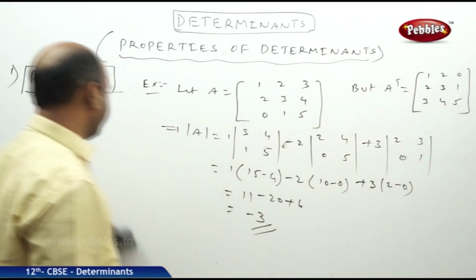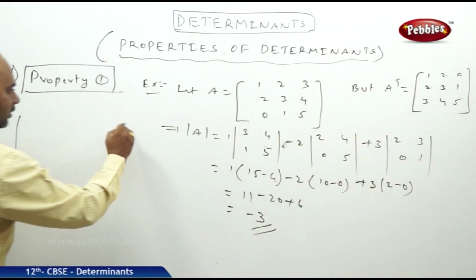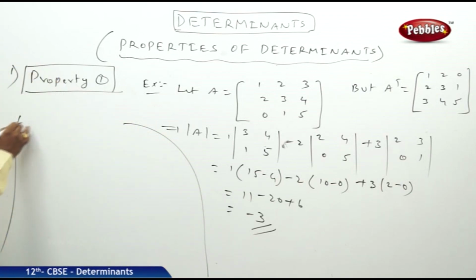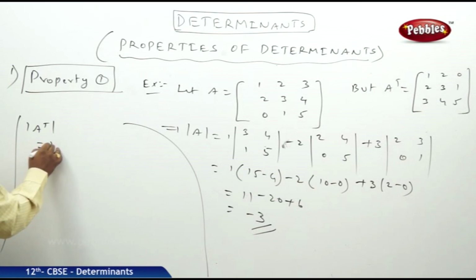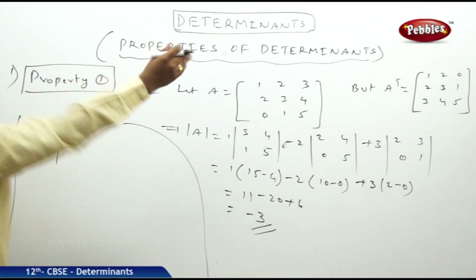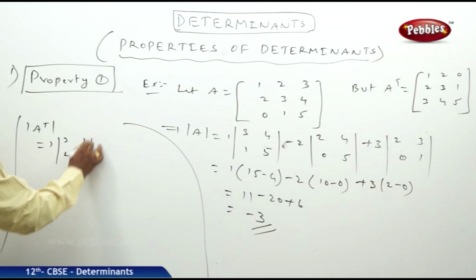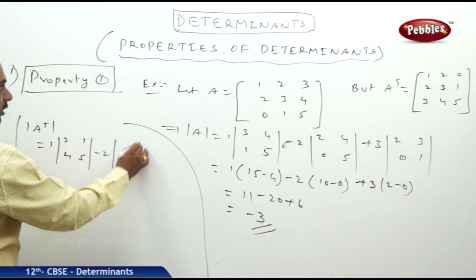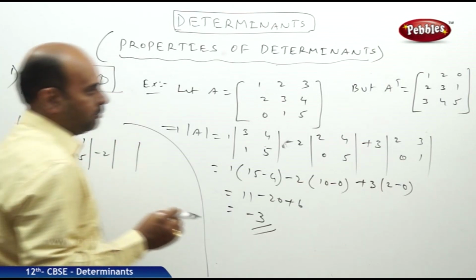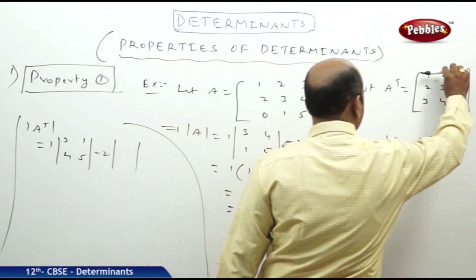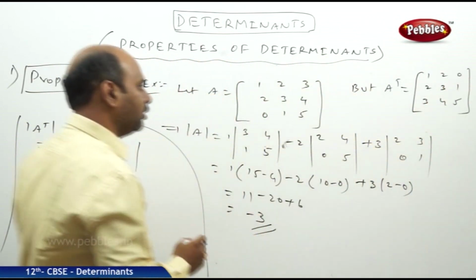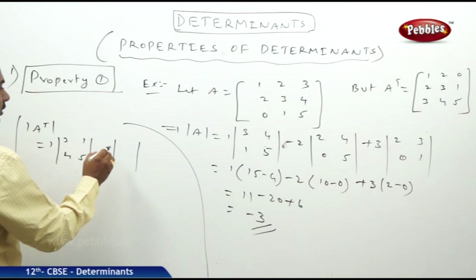Now here also I will be finding the determinant of A transpose, using the first row, that means 1 into 3 1, 4 5, and later minus 2 into its minor, we need to denote the corresponding column and corresponding row. So what will we be having?